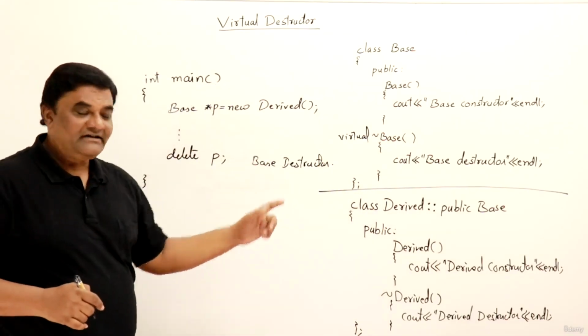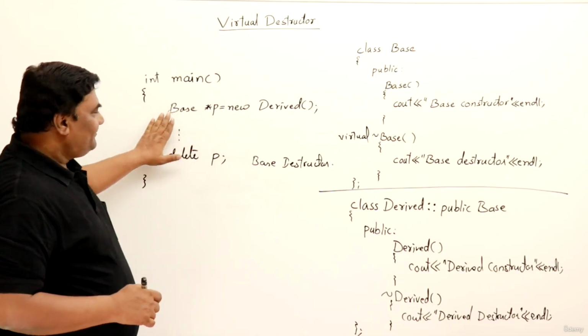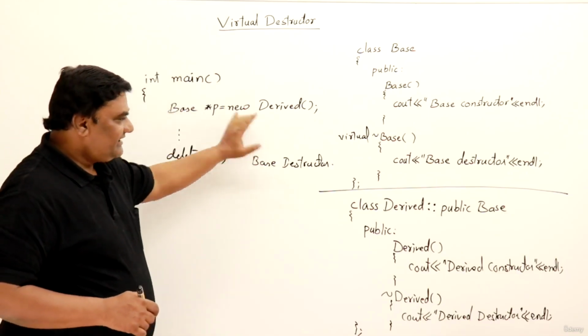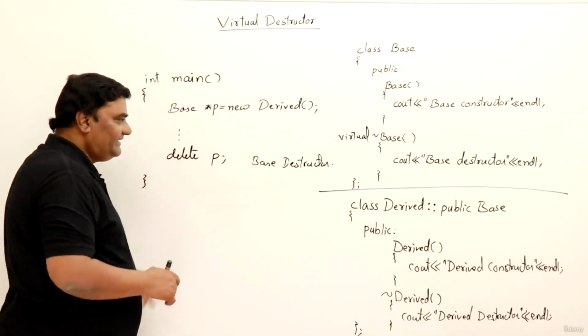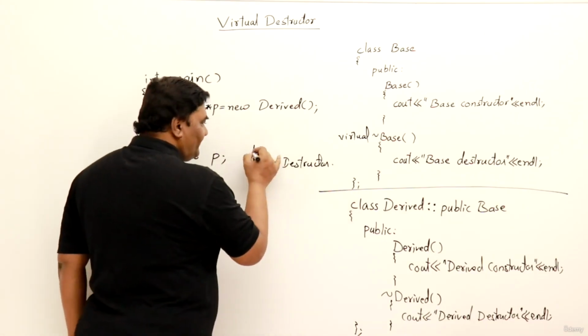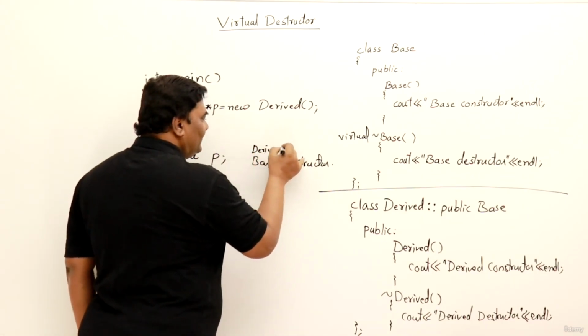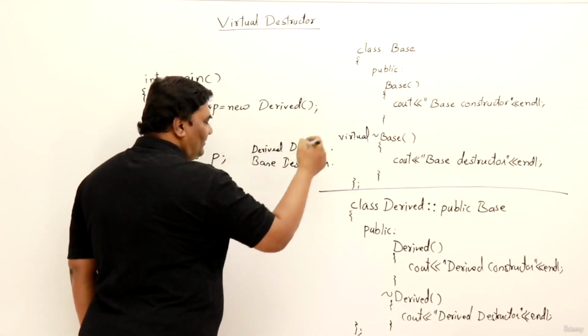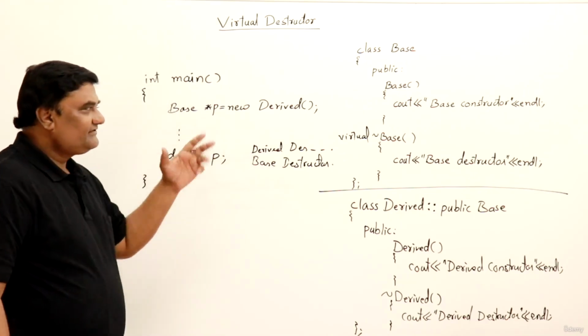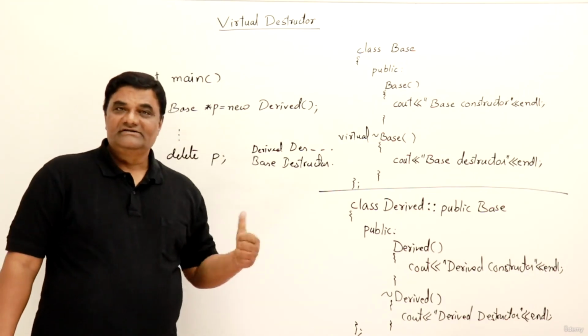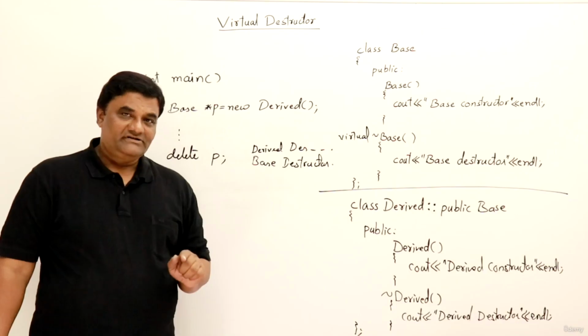If you write virtual there, then even though the pointer is of base class and the object is derived class, when the object is deleted, first the destructor of the derived class will be called, then the destructor of the base class. This is how virtual destructor works.